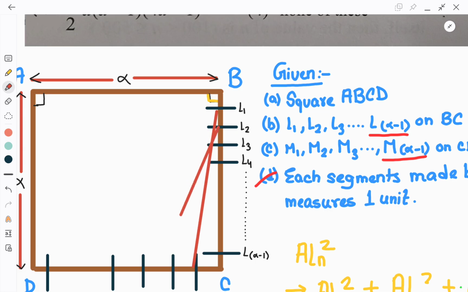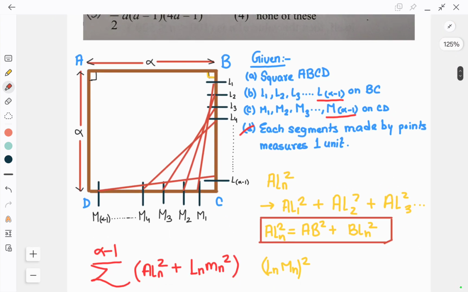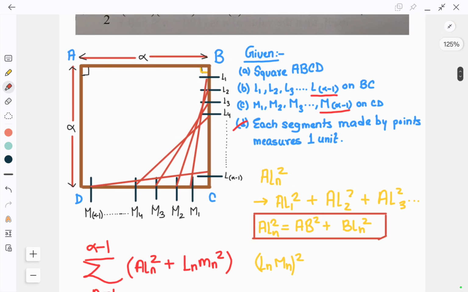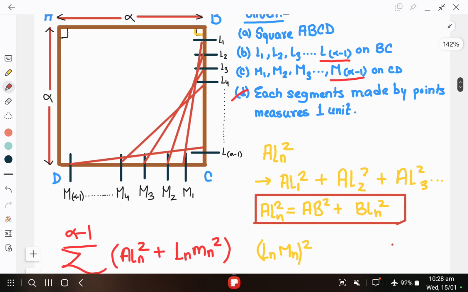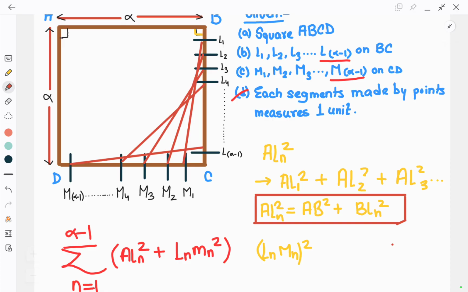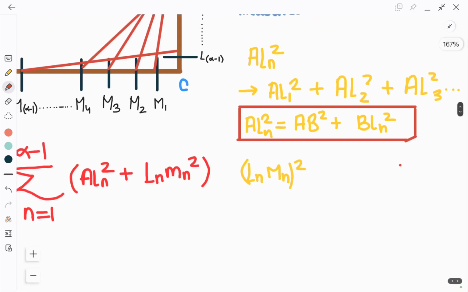Next it will connect L2 and M2, L3 and M3, L4 and M4 points, and it will go up till L alpha minus 1 and M alpha minus 1. So like this it will go. So here nothing is constant as we had earlier. So let us first understand the pattern.